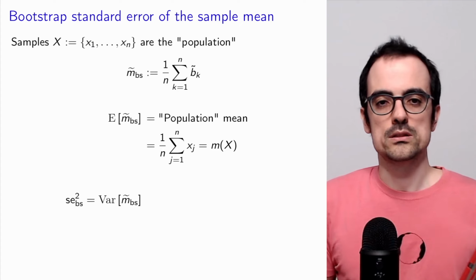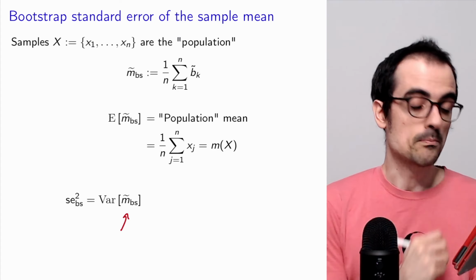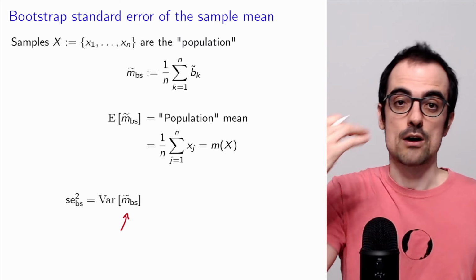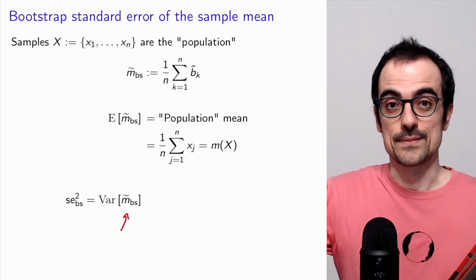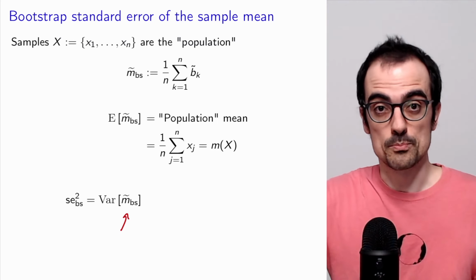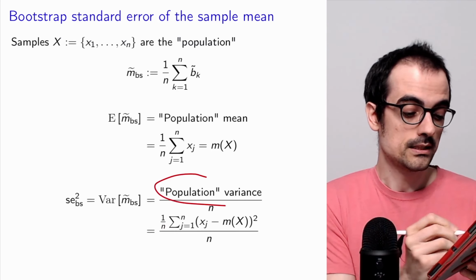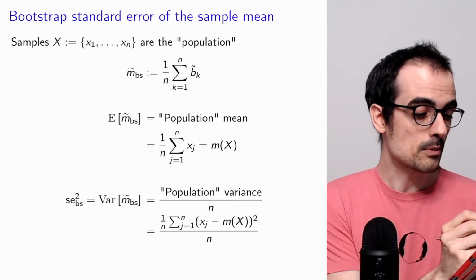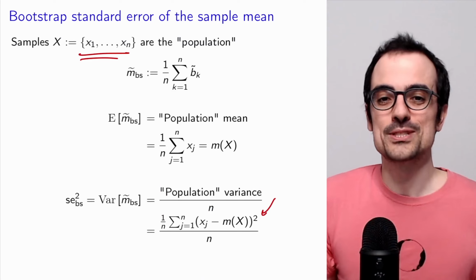What about the variance of this bootstrap sample mean? Well, we know from our derivation of the standard error of a sample mean computed from random samples that it's going to be equal to the population variance divided by n. But now the population variance is actually the population variance of these guys. That is almost the sample variance.